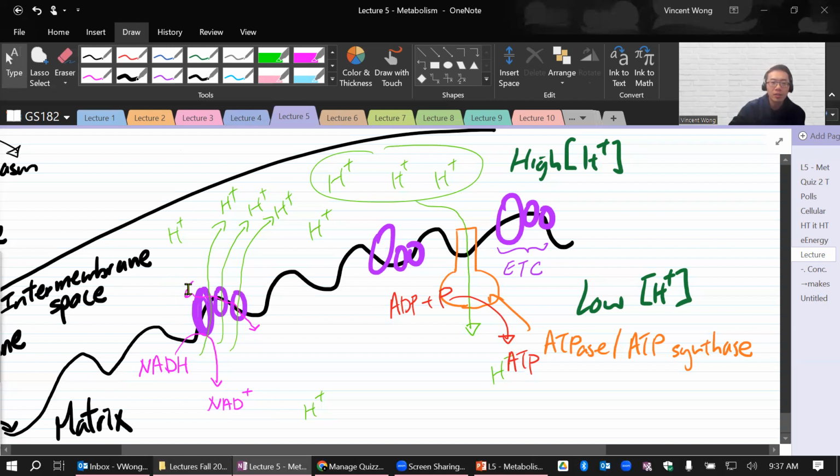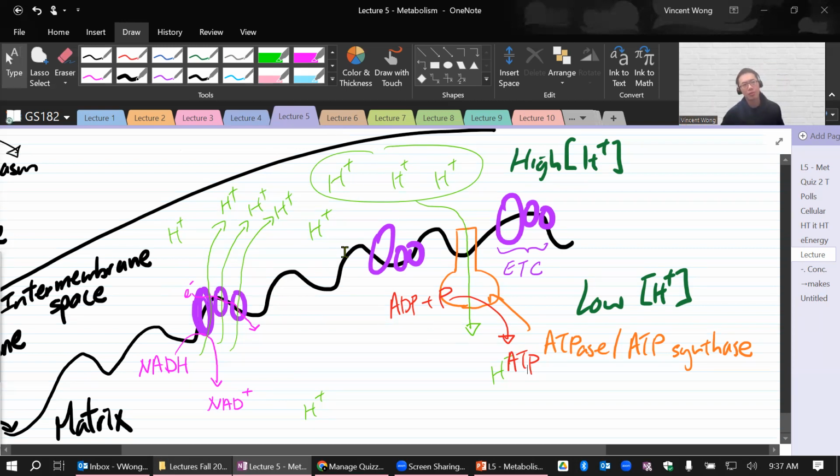What do we do with this electron? The electron will get passed down the ETC from one protein to the next. And as it does that, the energy will be used to pump H+ from the matrix into the intermembrane space. Then you have a lot of H+ here in the intermembrane space. They really want to come back into the matrix, but they cannot because the inner membrane is blocking it, right?